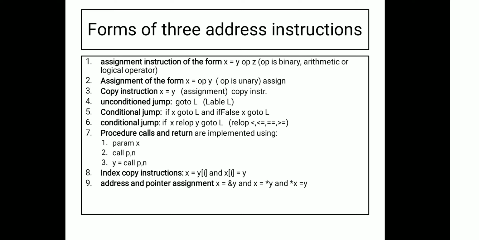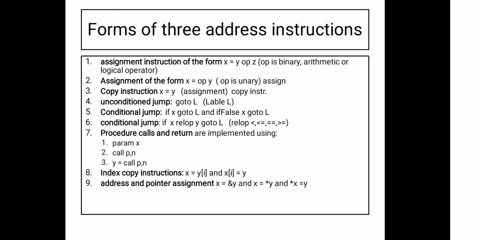Conditional jump: if x go to L, if false x go to L. Conditional jump: if x relop y go to L, where relop is any relational operator. If a function is there in the program, the 3 address code for the function is param x, where x1, x2, x3 are the parameters.